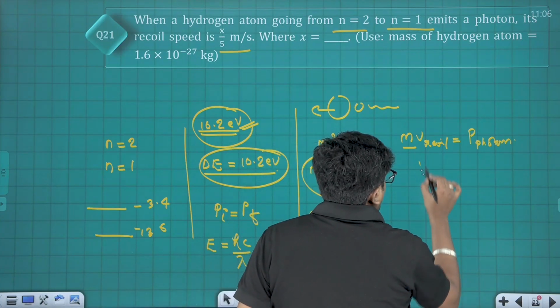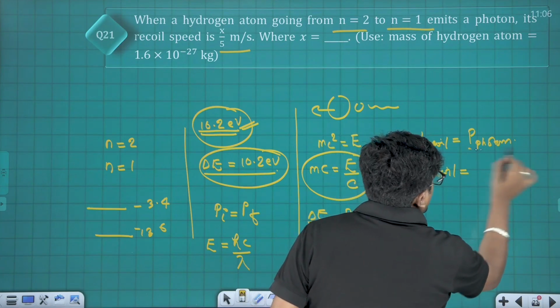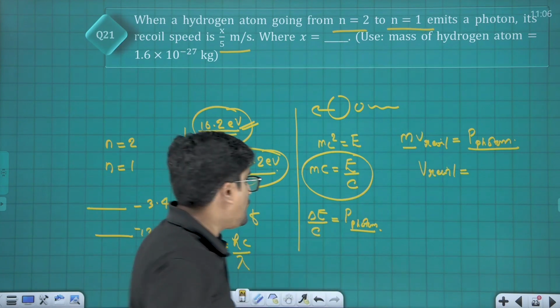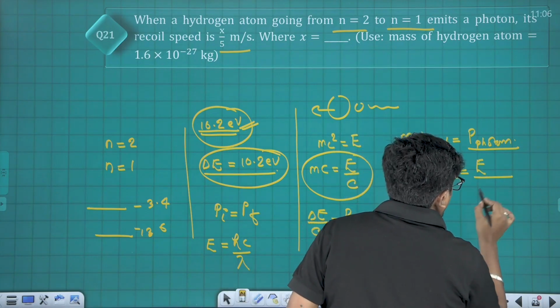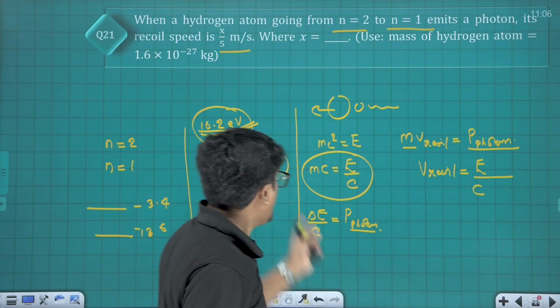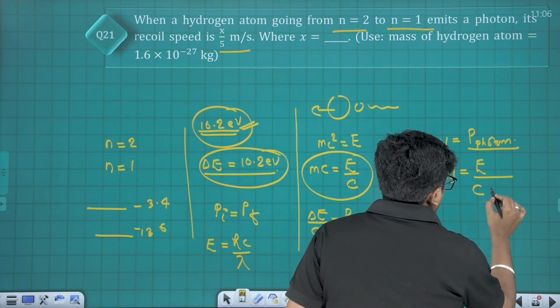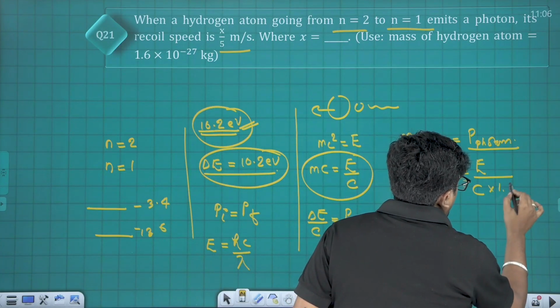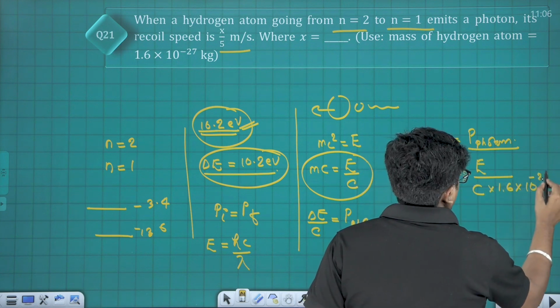So the speed of recoil is the momentum of photon, that is energy upon c, divided by mass. The mass is given as 1.6 into 10 to the power minus 27.